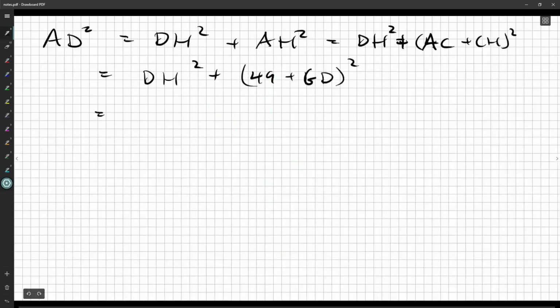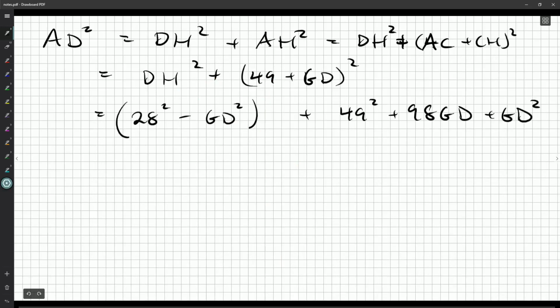So DH is 28 squared minus the GD squared. If I expand this out, I get 49 squared plus 98 GD plus GD squared. So I don't even need to know GD squared. If I could just figure out what GD is, then we can figure out AD.